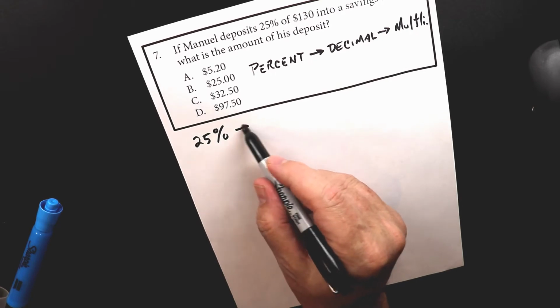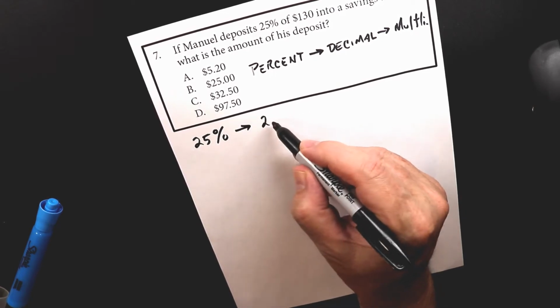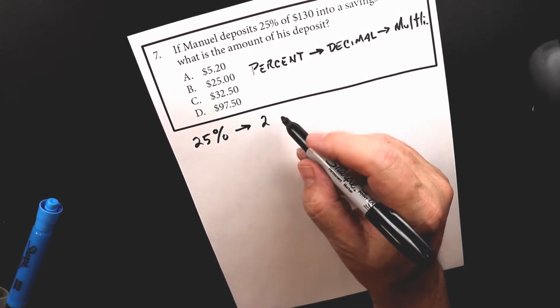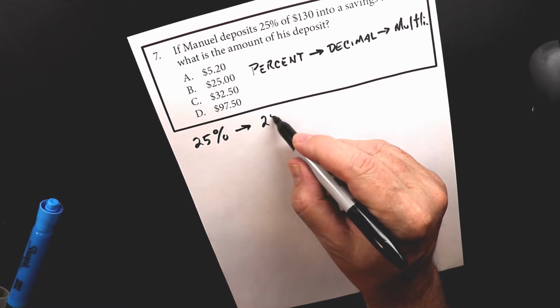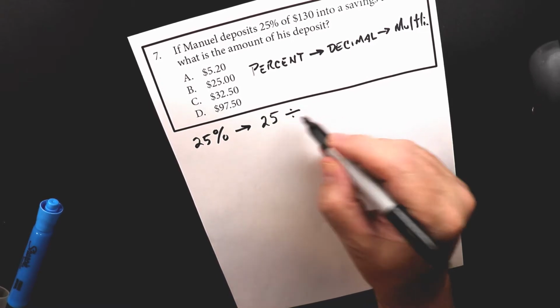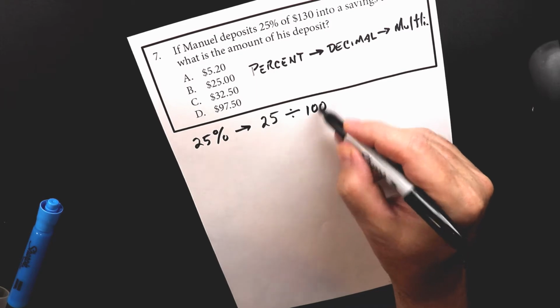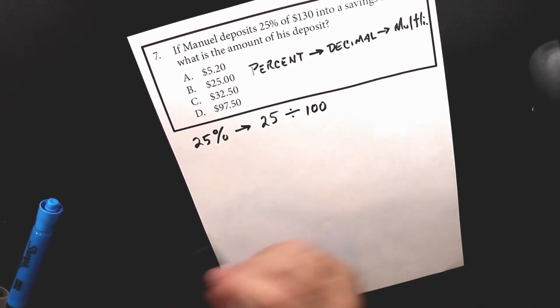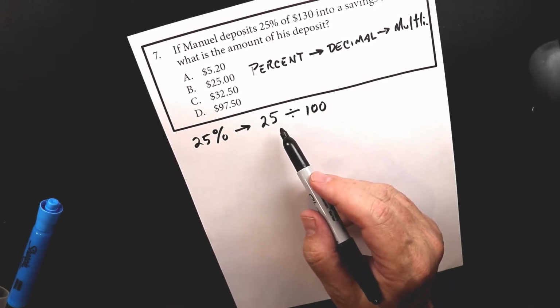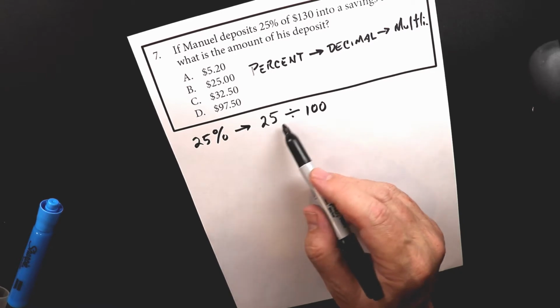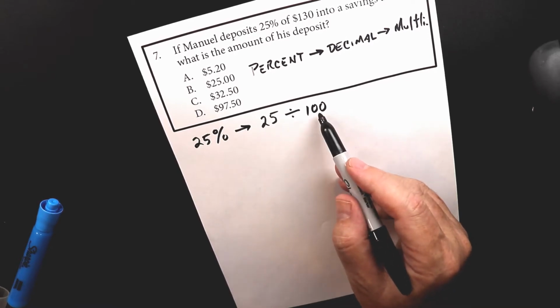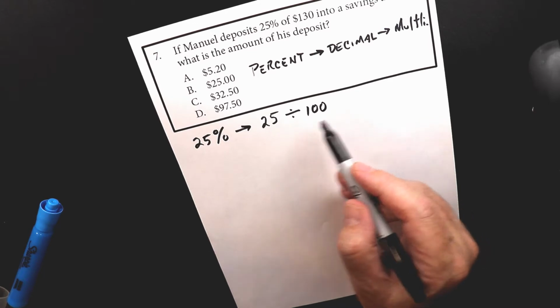And the way we do that is we take the number to convert a percent to a decimal, and we want to divide it by 100. Now, when you multiply by 100, you would move the decimal to the right. But if you're dividing by 100, you move the decimal the other direction.